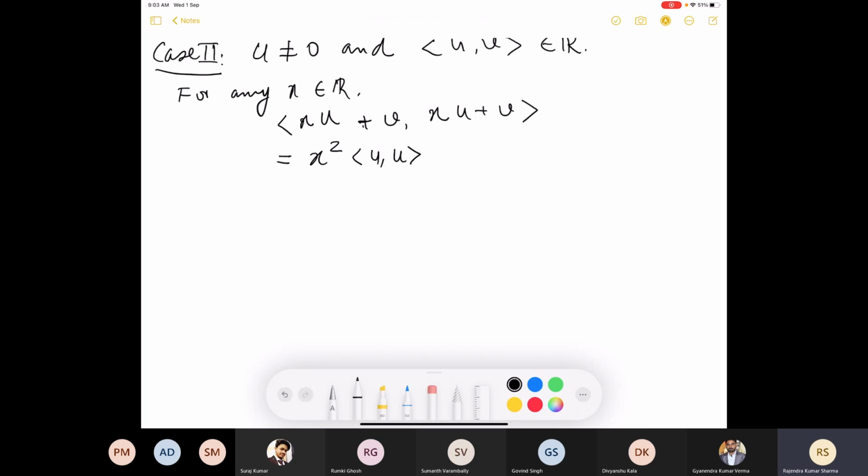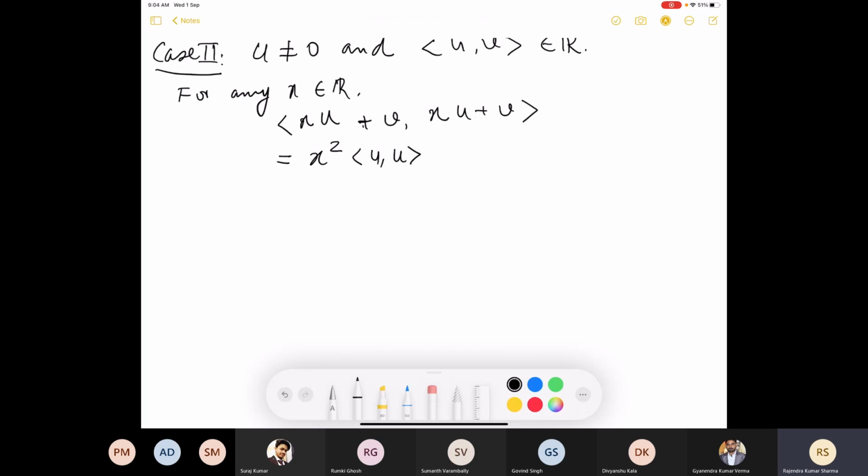Now what we are assuming, alpha is here x and is real as well as the inner product is also real. So in that case, alpha and alpha bar are same. That means x and x bar are same, as well as u comma v and u comma v bar, which is v comma u, are also same.